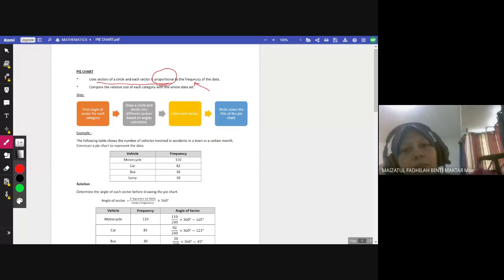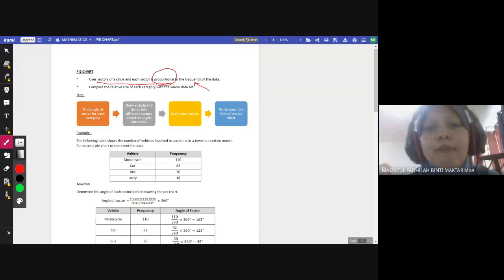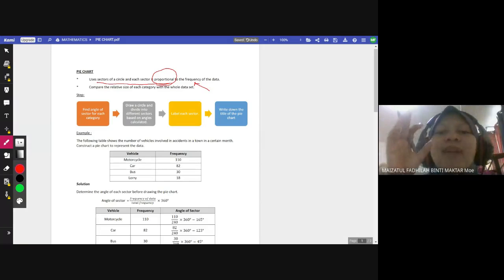If you see the bar chart there, he used the numbers given from the table. But when the question asks you to draw using a pie chart, you must change it to the angle of the sector of the circle. So you need to calculate the value of the angle of each sector of the circle, right?